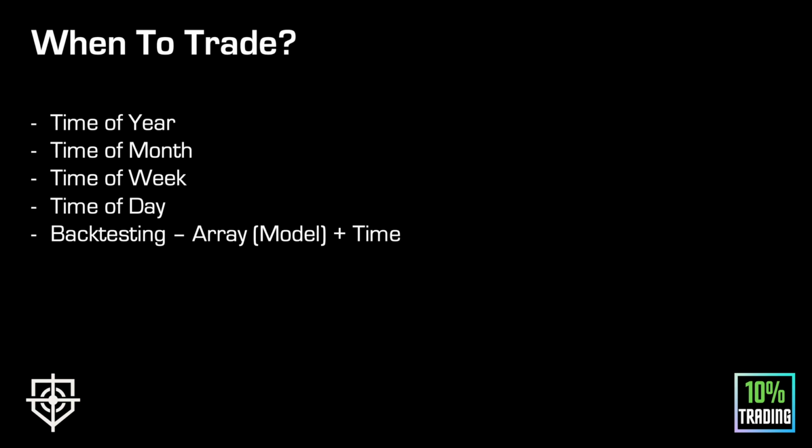Now, what do I consider a model? There's really just two things, specifically two movements I will consider as trades: the market structure shift and OTE retracement. So how do I go about trading these? This is how I would backtest it. I would pick one session, right?